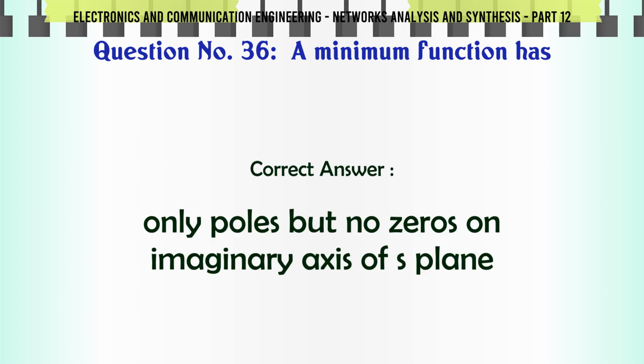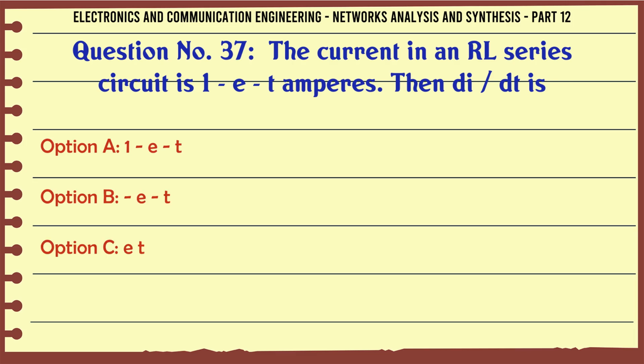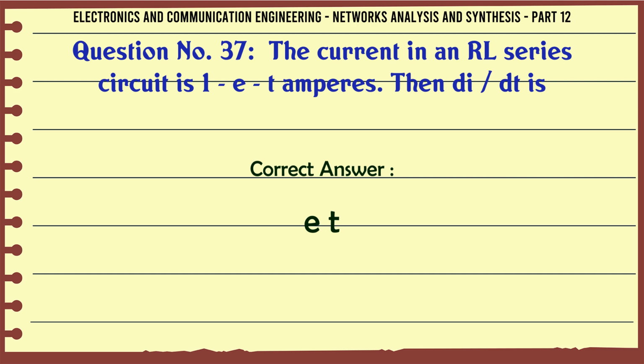The correct answer is only poles but no zeros on the imaginary axis of the s-plane. The current in an RL series circuit is 180 e^(-t) amperes. Then di/dt is A) 180, B) e^(-t), C) e^(t), D) e^(-2t). The correct answer is e^(-t).